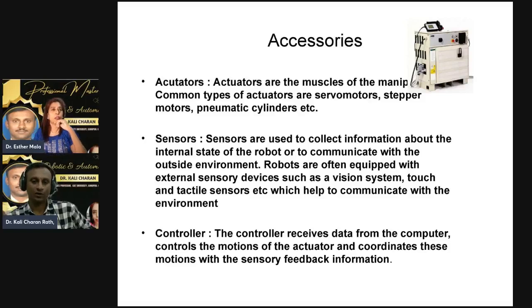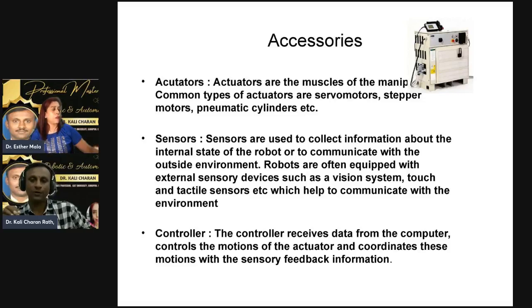Then the controller. A controller acts as the mind which controls the machine. The controller has all the authority to take action against the command given as an instruction to the robot, and proper feedback is provided.